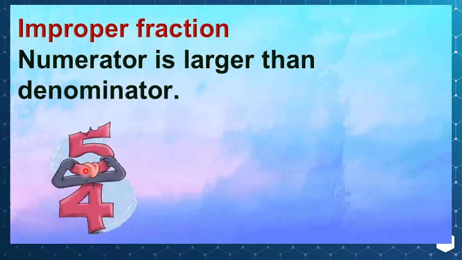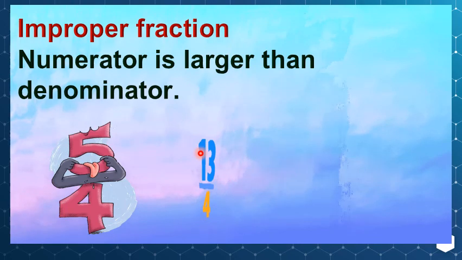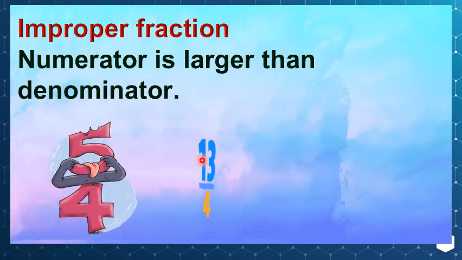If the numerator is larger than the denominator, the fraction is said to be an improper fraction. In another example, you can see 13 by 4. It is also an improper fraction because its numerator is larger than its denominator.